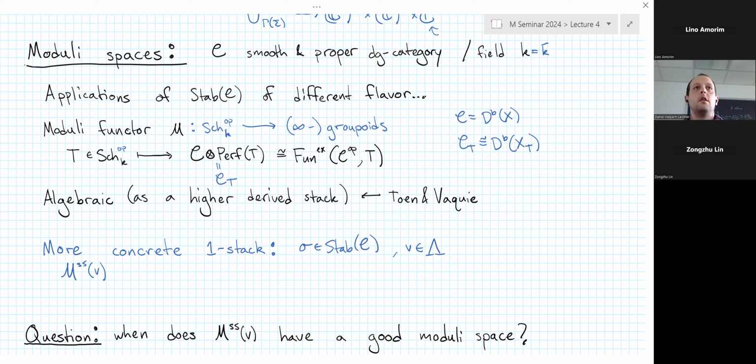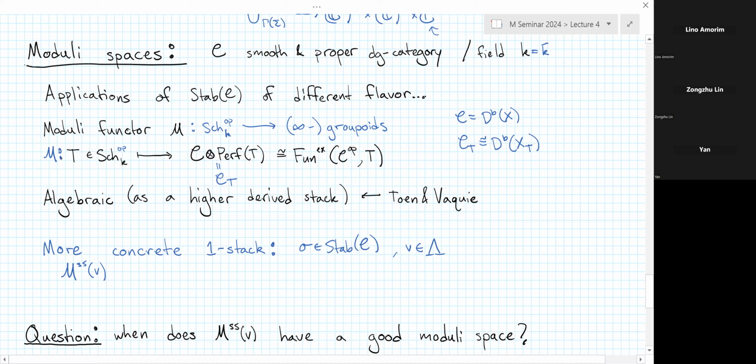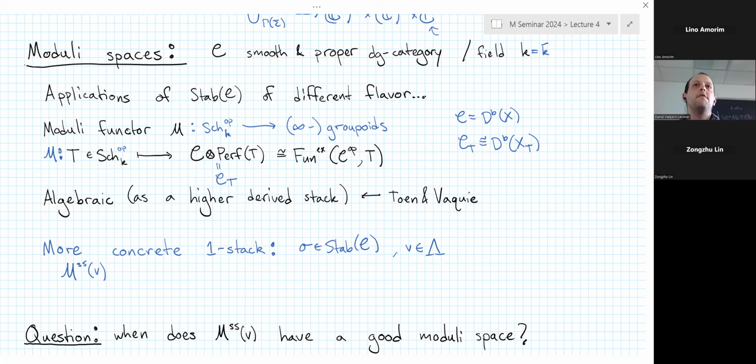You regard X as a triangulated category and they should be exact functors. Roughly speaking, it's equivalence classes of families of DG categories. I'm saying the moduli functor is supposed to make sense like this: you have a category C, and the question is, what does it mean to have a family of objects in C?